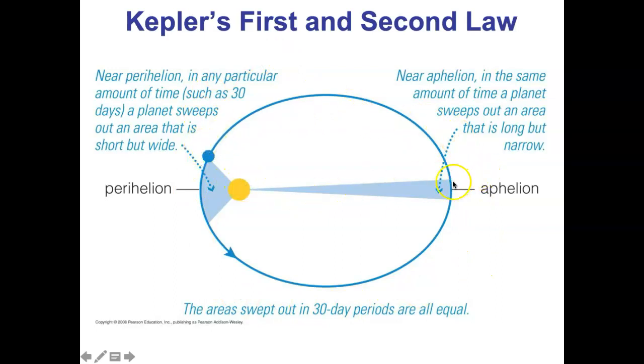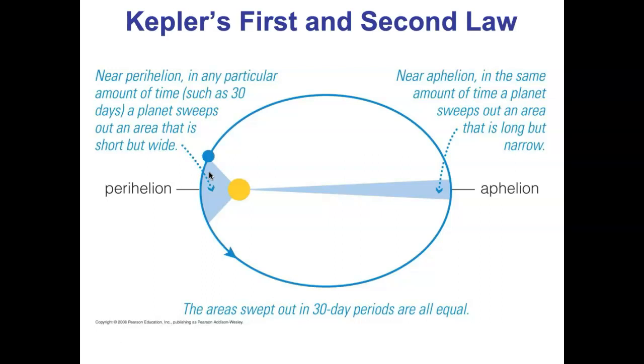The distance to the sun is changing. The direction is changing. The velocity is changing. The speed is changing. Everything about the orbit is changing continuously, except the one thing that does not change is the area of the wedge during a fixed amount of time. So it's nice to have one thing not change.